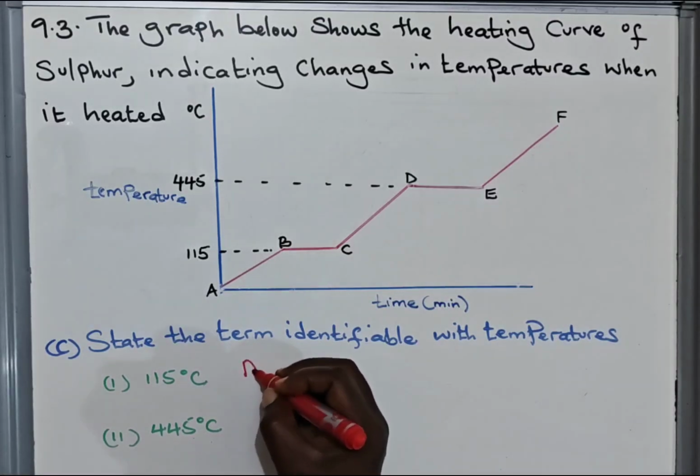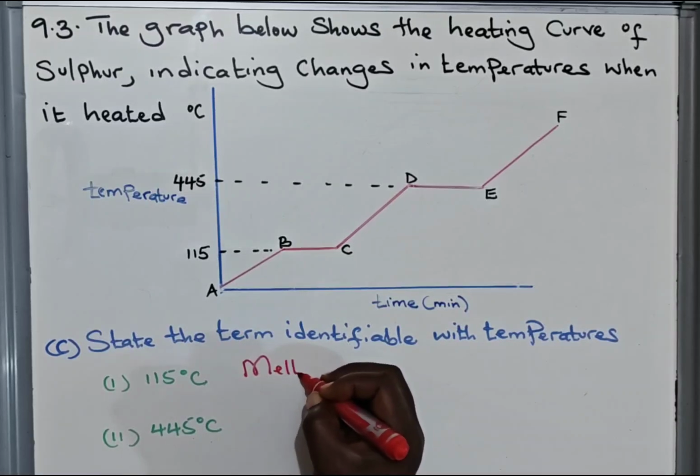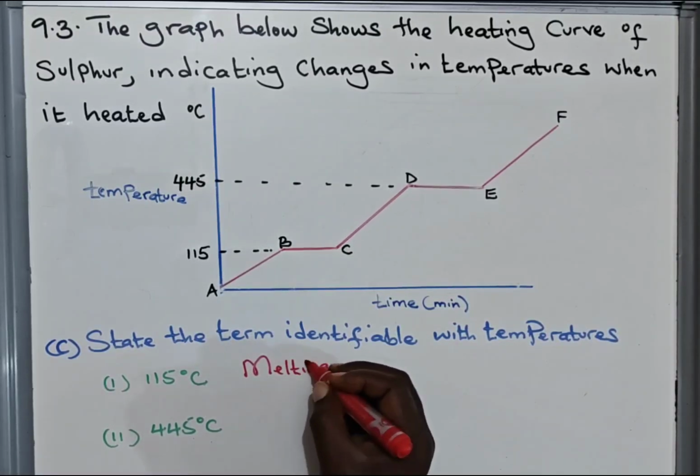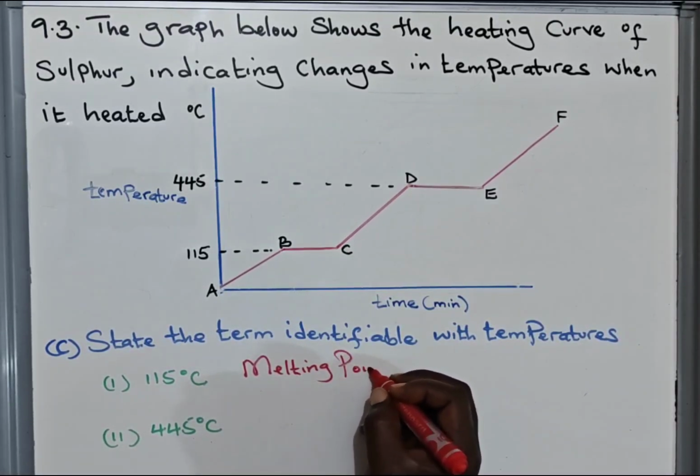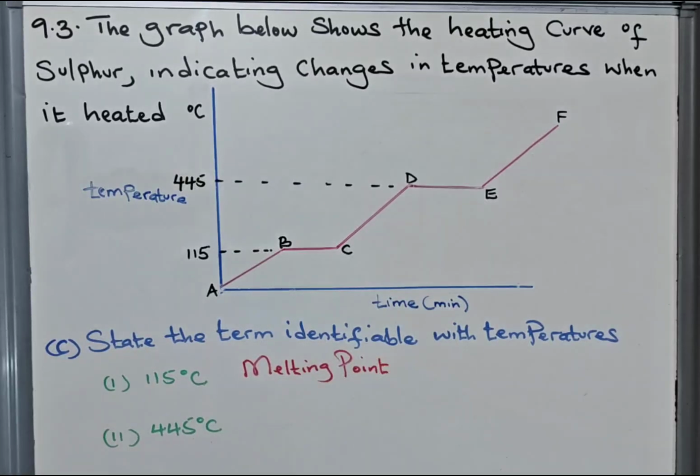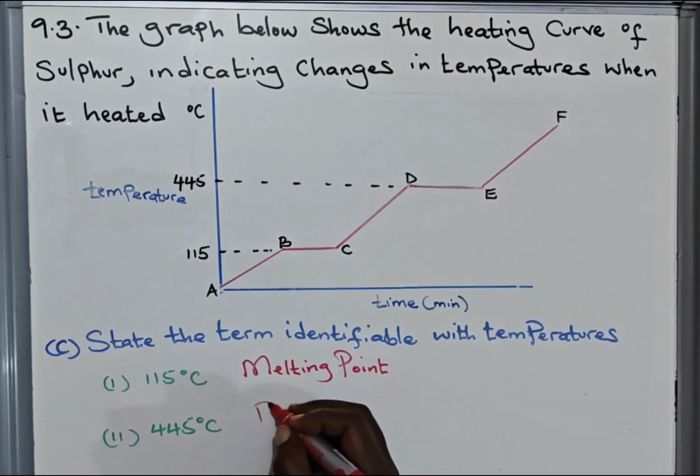It is melting point. Okay. Then what is the term identifiable with this temperature, 445? It is boiling point.